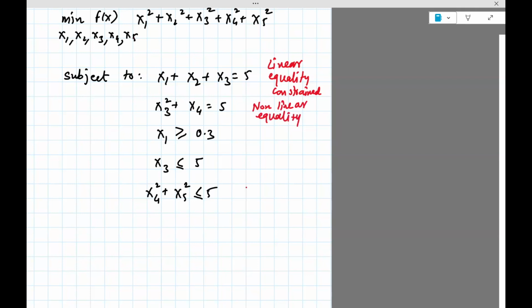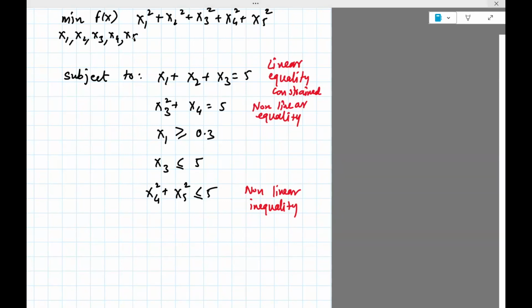On these lines, this one would be a non-linear inequality. Now there are two more. These can be treated as linear inequality constraints, inequality because of the sign of the greater than or less than, and linear because they only have x1, x2, and they don't have any squares or anything non-linear.